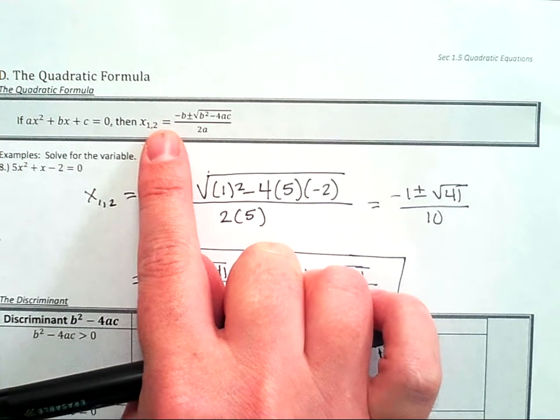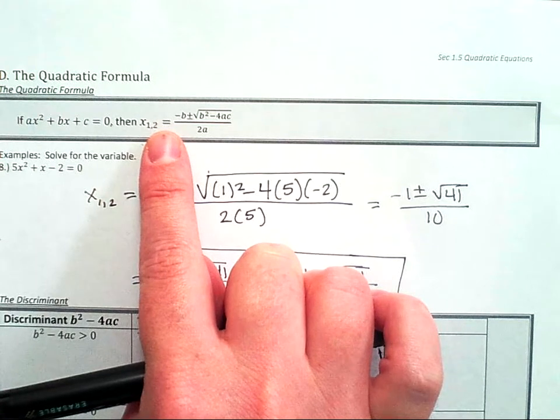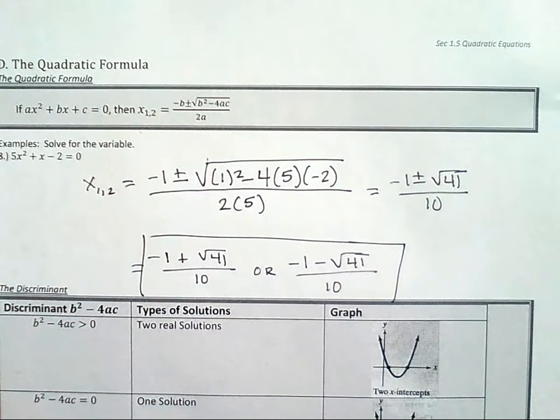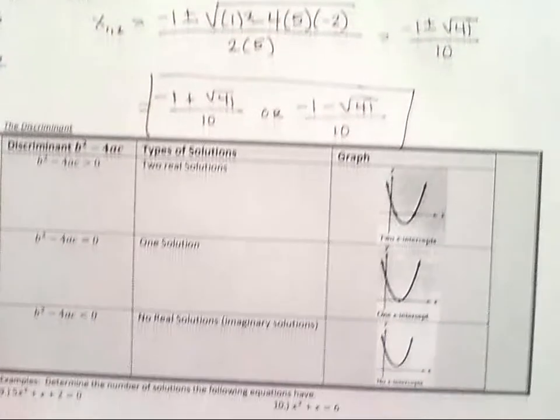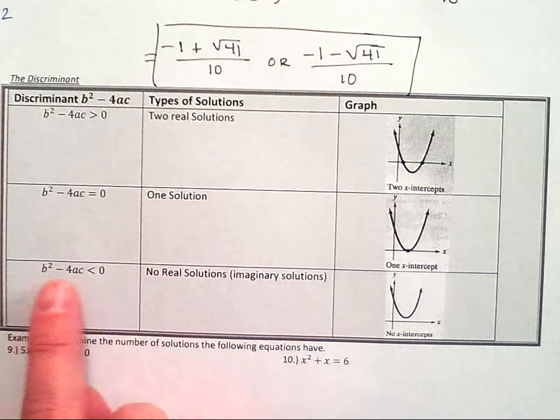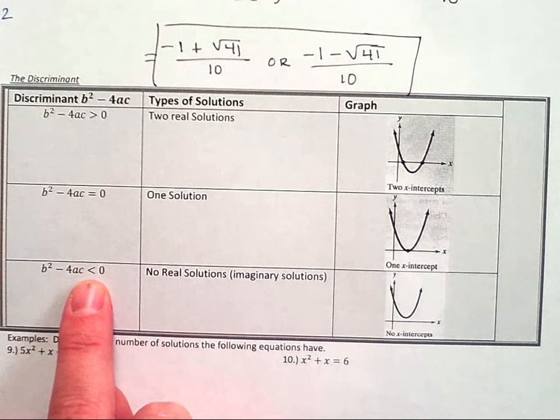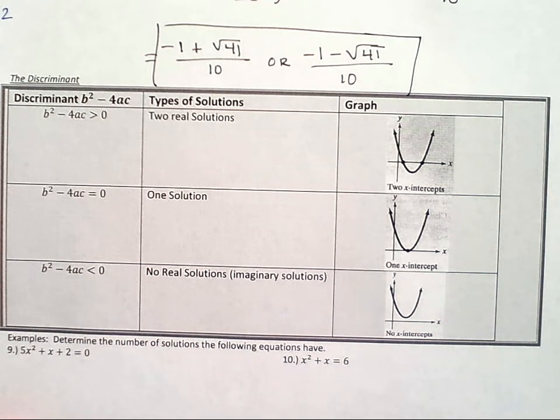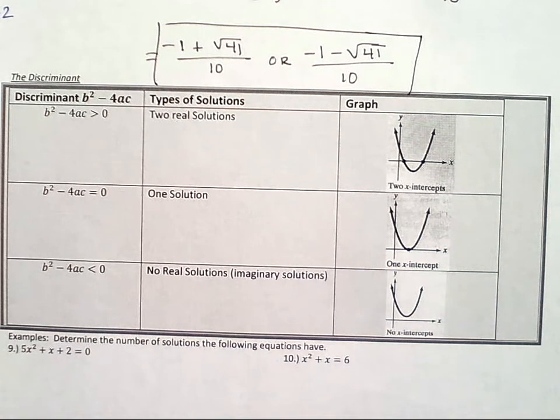You're just going to end up with negative b in the numerator. So that's why you have 1 solution. If underneath the discriminant is negative, then I have no real solution, which means I get imaginary numbers, right? If you have a negative under the square root, that's an imaginary number, and we don't really deal with those in this class.